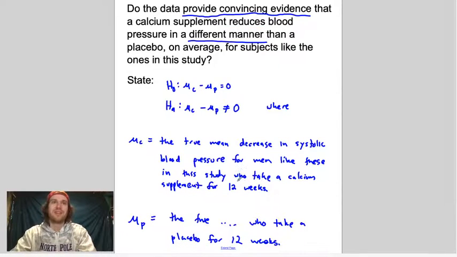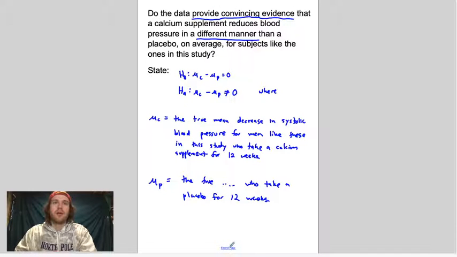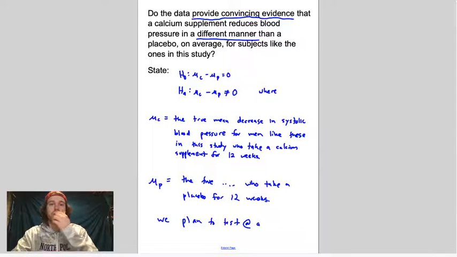There's something else we still have to state in the beginning of our test. Before we collect data, we have to state the significance level. So we plan to test at a, what do we want to do here? What did I choose before? Alpha, yeah.